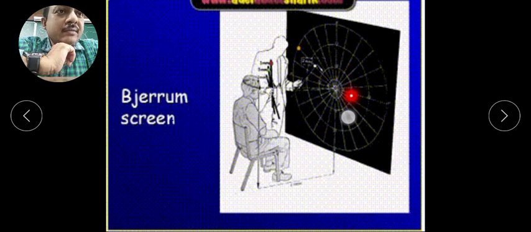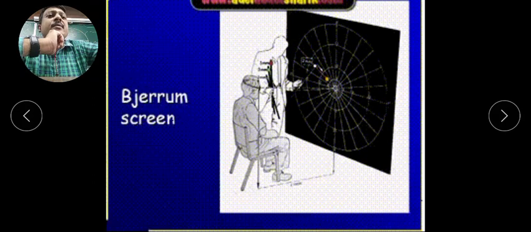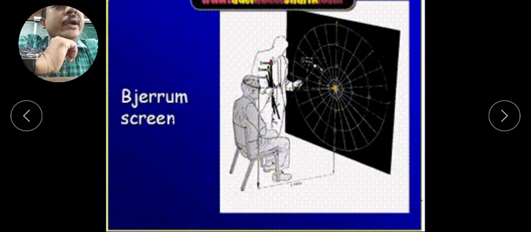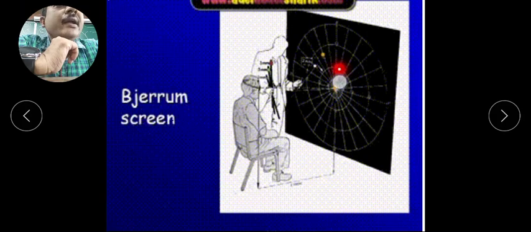So this one circular line is known as an isopter, and each point of that isopter has the same visual acuity, and at 10-degree interval there is another isopter. So in total there are 9 isopters.